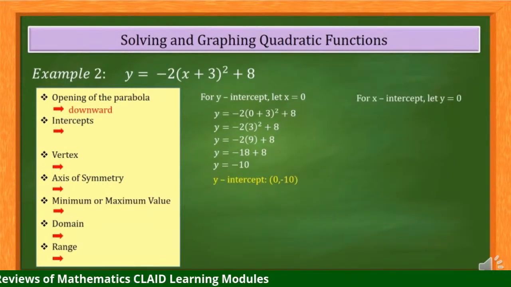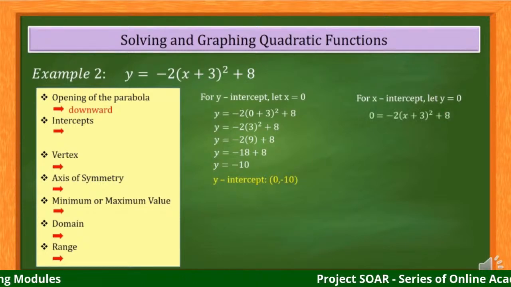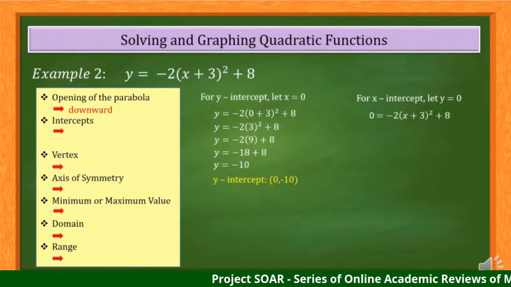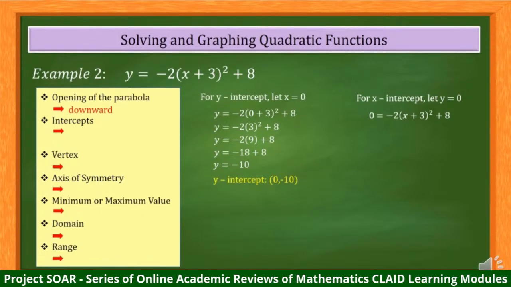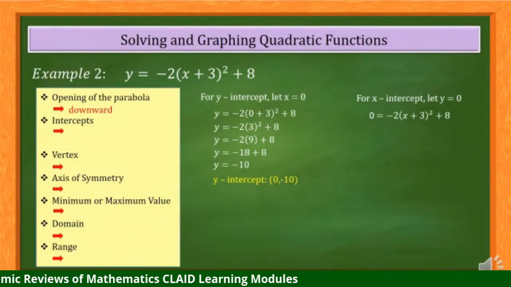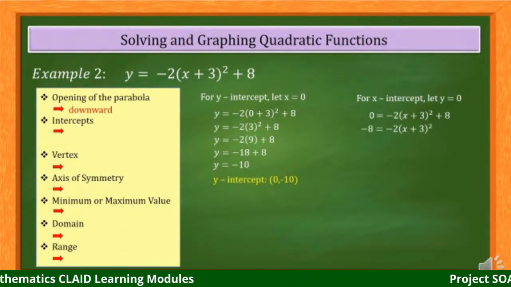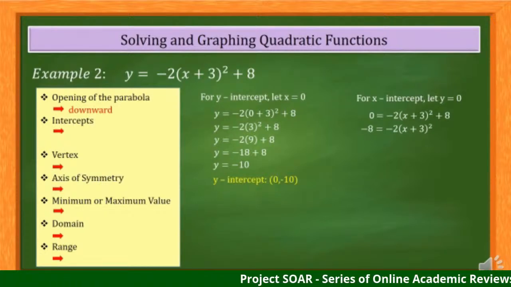For x-intercept, we let y equals 0. So 0 equals negative 2 times the quantity of x plus 3 squared plus 8. Next is itra-transpose natin yung positive 8 sa kabilang side ng equation. So we have negative 8 equals negative 2 times x plus 3 squared.